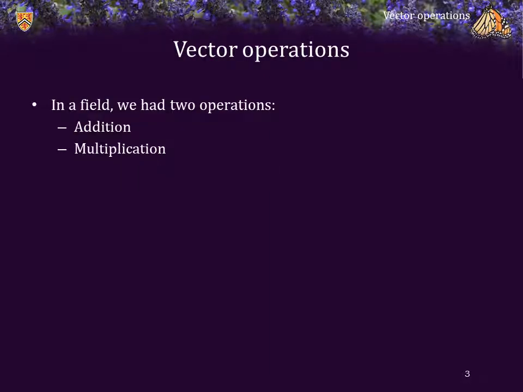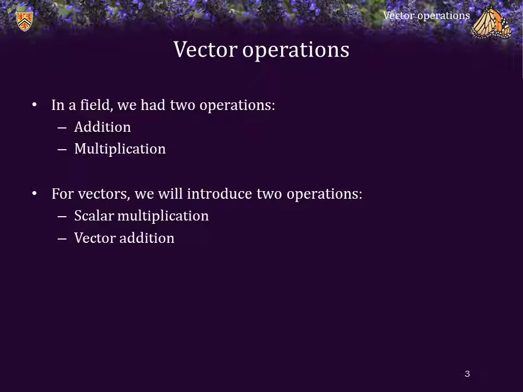So, in a field, we had two operations. We had addition and multiplication. For vectors, we're going to introduce two new operations. One is scalar multiplication, that is, multiplying a vector by an element in the field, and vector addition, adding two vectors together.